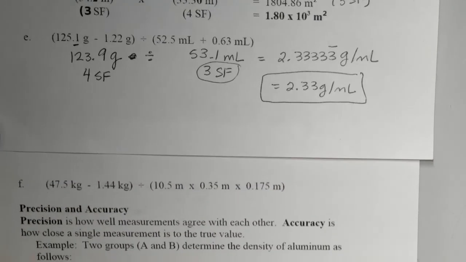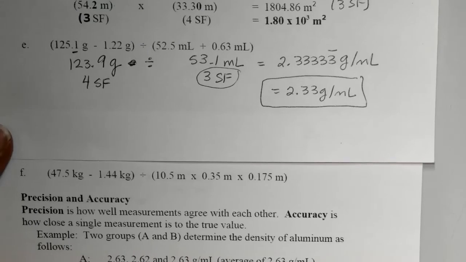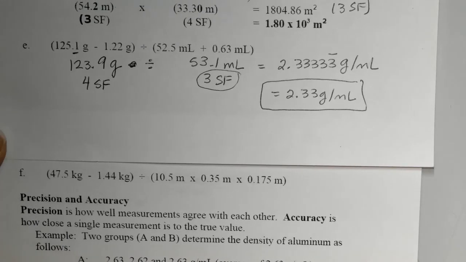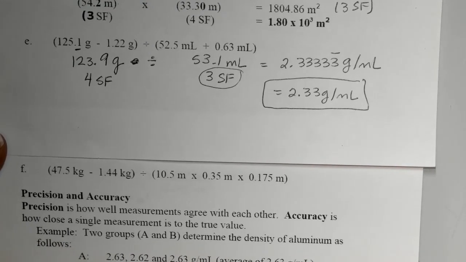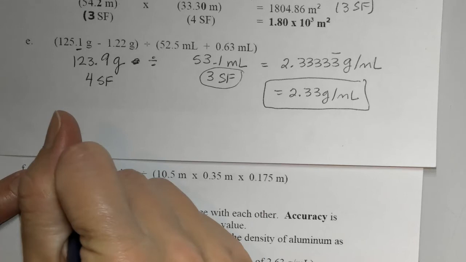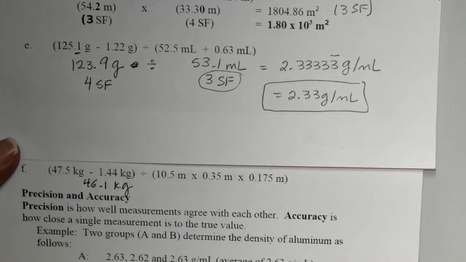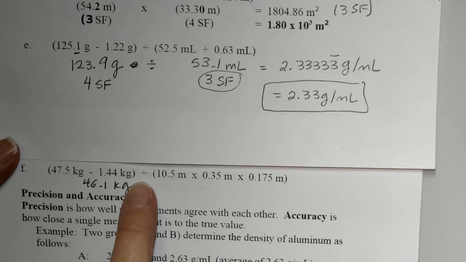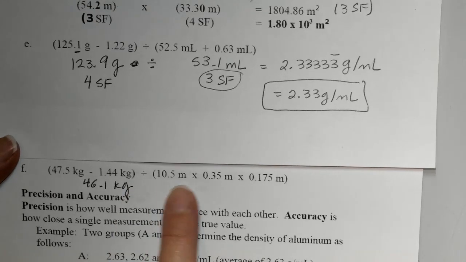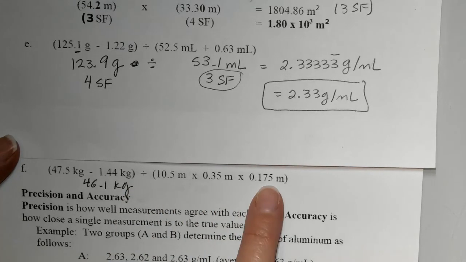All right, one more example on the next page. We have another mix of operations. So for this one, first in the parentheses, we're going to take 47.5 minus 1.44. We're going to round that to the tenths place. I get an answer of 46.1. And then what we're doing is dividing, and in the parentheses, everything here is being multiplied.